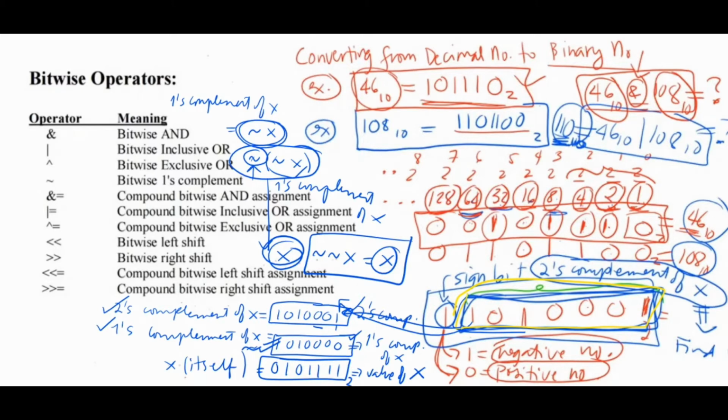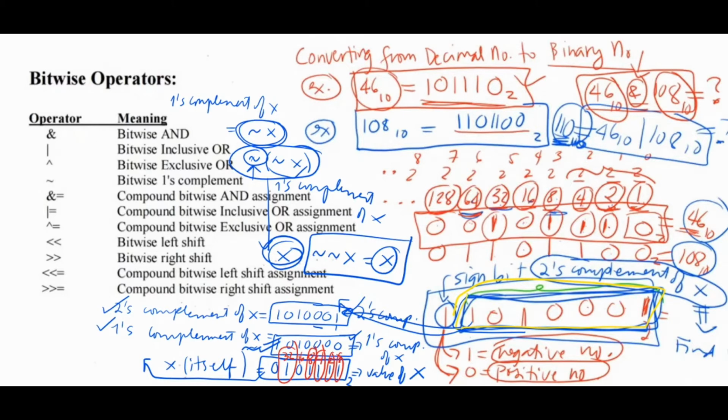And what is the decimal equivalent of this binary value of x? Starting from the rightmost bit, this is bit position value 1, this is 2, this is 4, this is 8, this is 16, this is 32, and so on. We are interested only in those bit positions having a bit value of 1. So this is 32, this is 8, this is 4, this is 2, and this is 1.